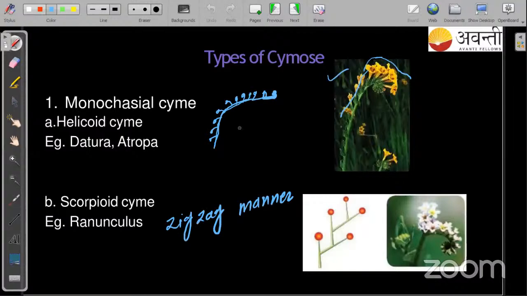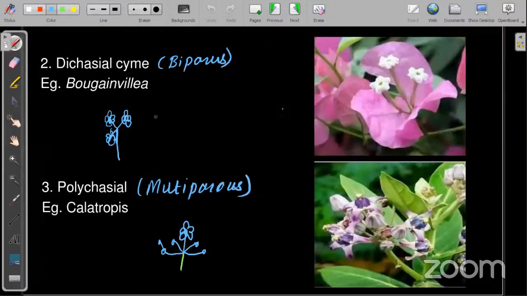We first start with monochasial, and in case of monochasial, we discuss the helicoid. In case of helicoid, there is development of flowers on one side only. Next we discuss the scorpioid cyme. It is the development of flowers in a zigzag manner. Next we discuss the dichasial cyme. In case of dichasial cyme, we discuss the biparous.